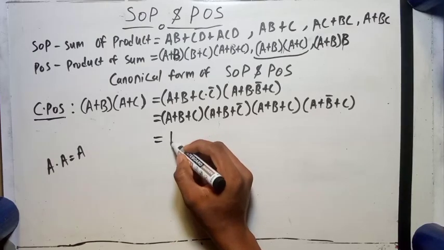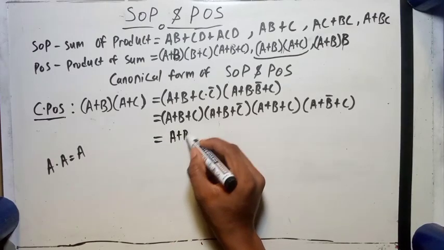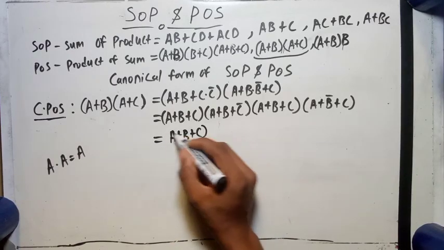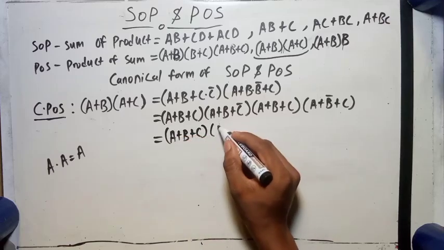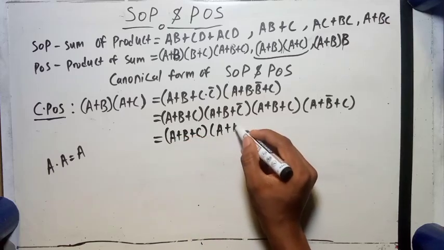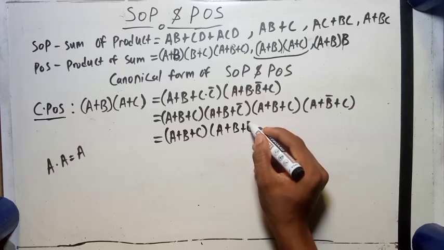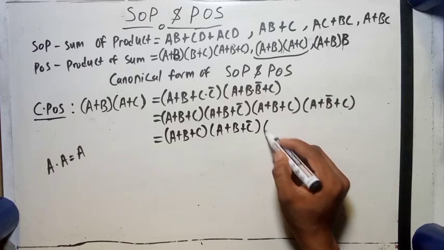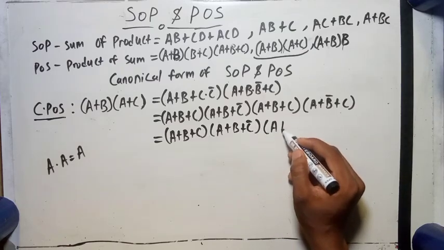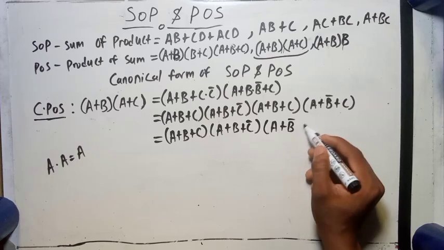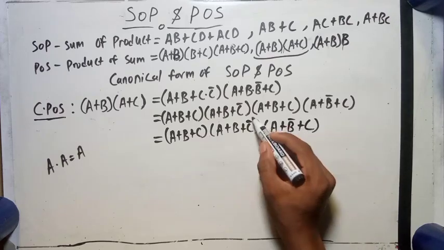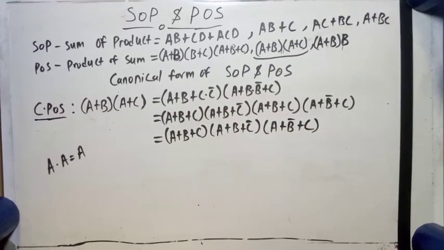We can write this as A plus B plus C, A plus B plus C bar, and A plus B bar plus C. So these two and these two are like terms, and we took them together.